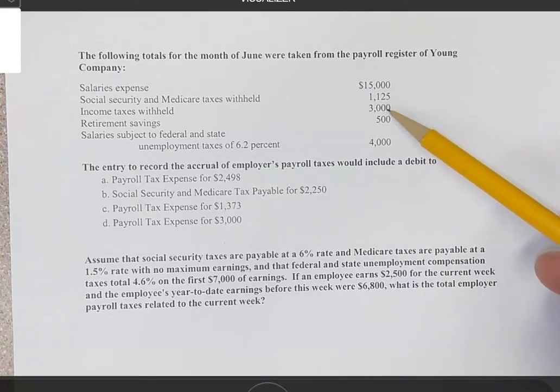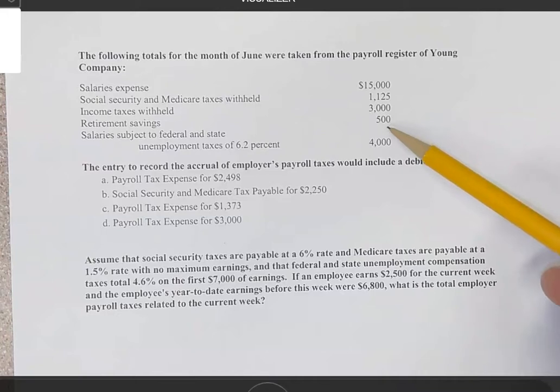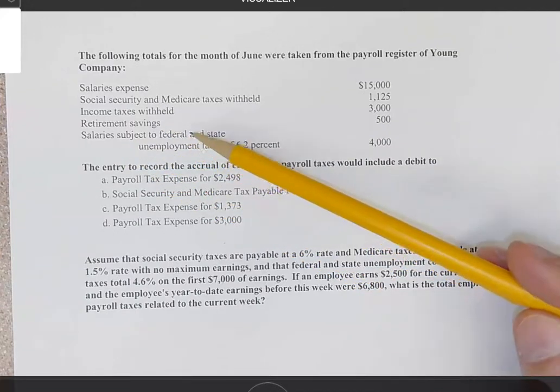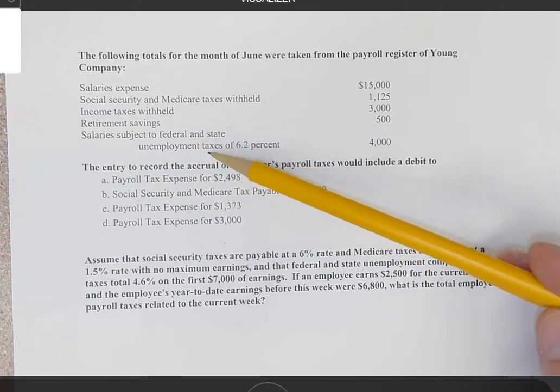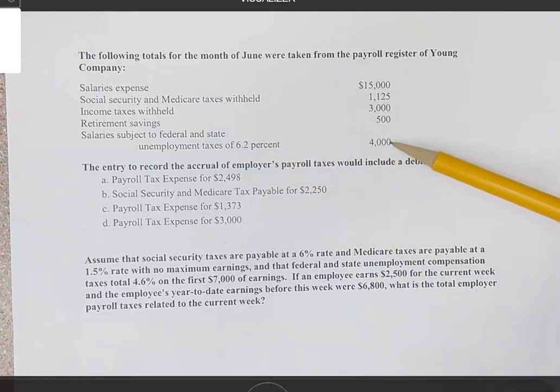We've got Social Security and Medicare taxes withheld, $1,125. Income taxes withheld, $3,000. Retirement savings withheld, $500. And then salaries subject to federal and state unemployment taxes of 6.2% amount to $4,000.